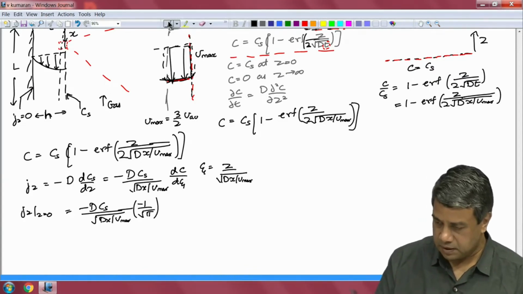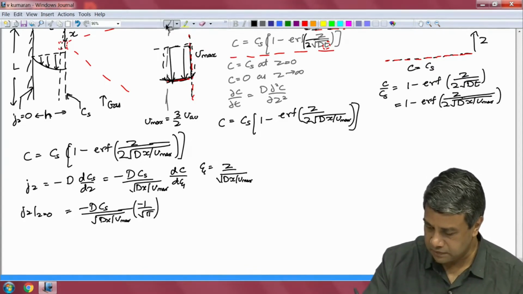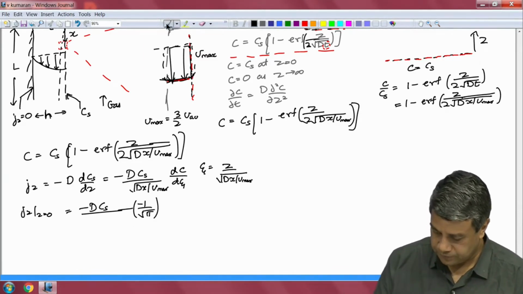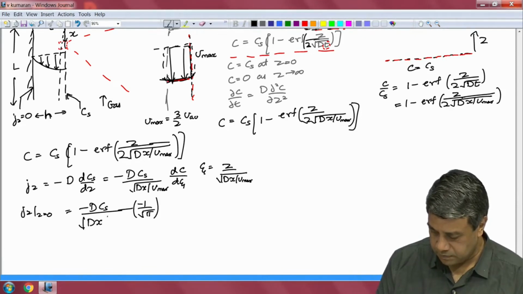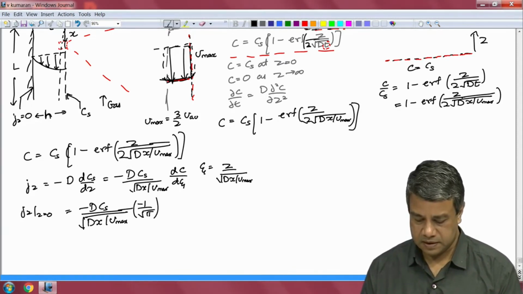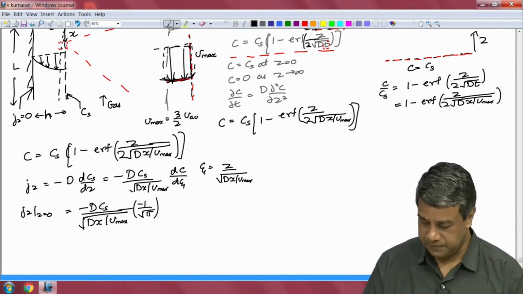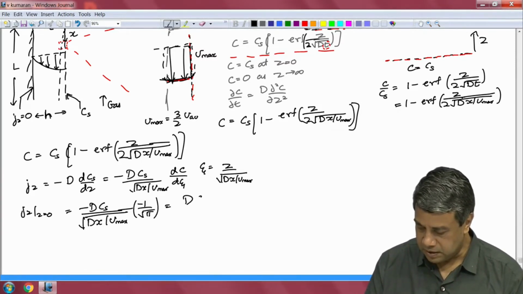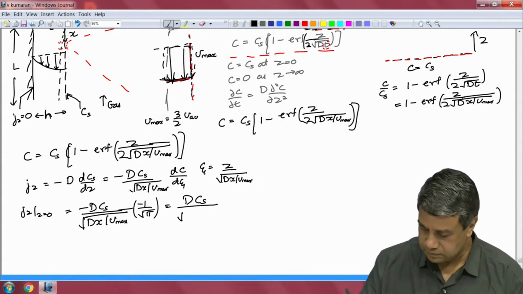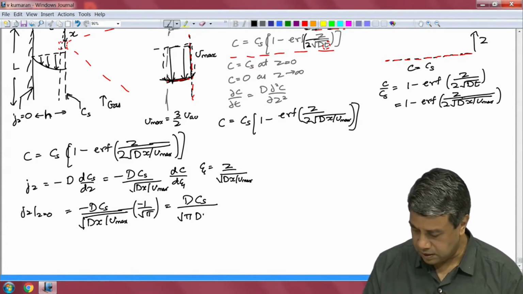Now you can see that this flux depends upon x. So, it is a function of the downstream location. So, this is equal to D Cs by root of pi Dx by V max.